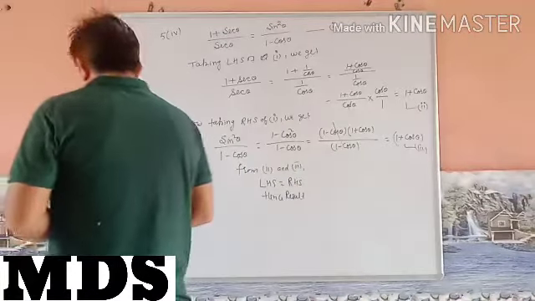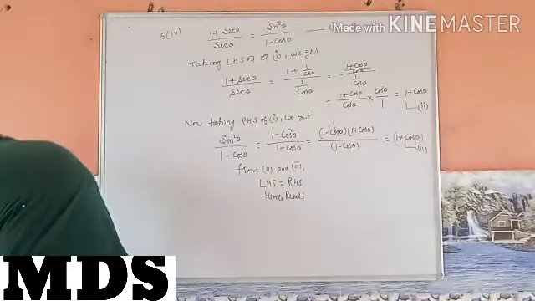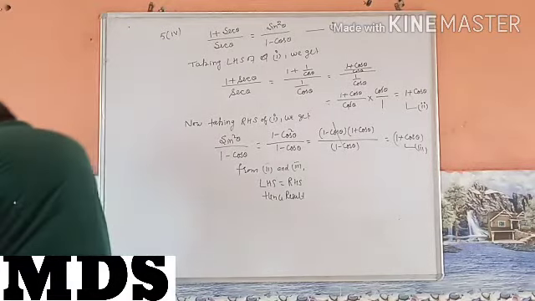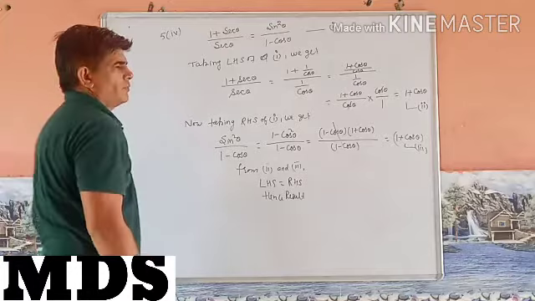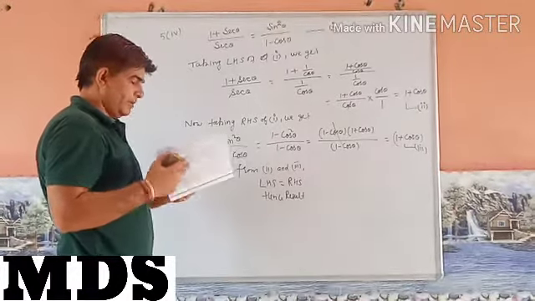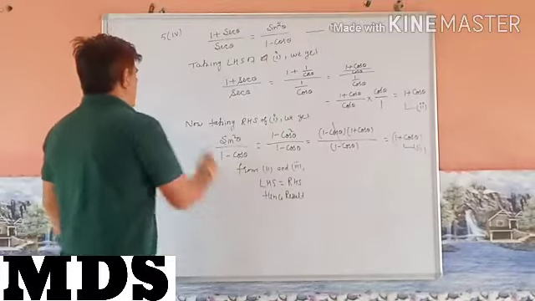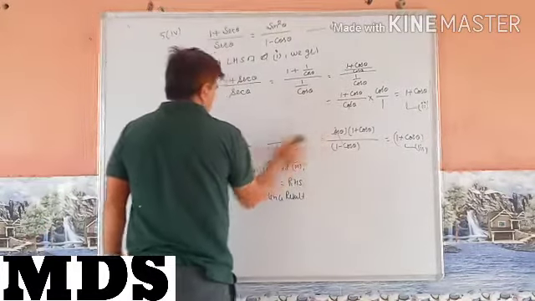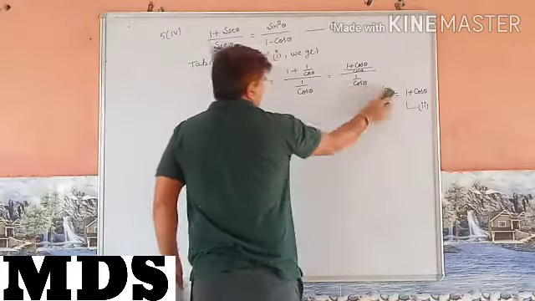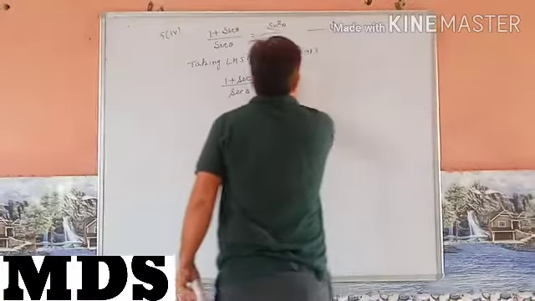Easy. I think you are able to solve question number 5, part number 5, like example number 15. In it you have to use another identity, in that you have to use another identity. That also I want to tell you.